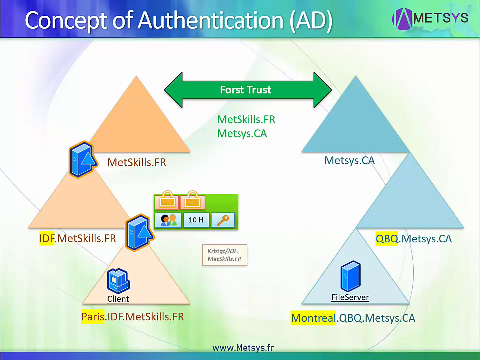After that, it will generate a referral. This is exactly what a referral is going to be used for. So the referral is basically a TGT that the client can present to a parent domain in order to have access to another thing.